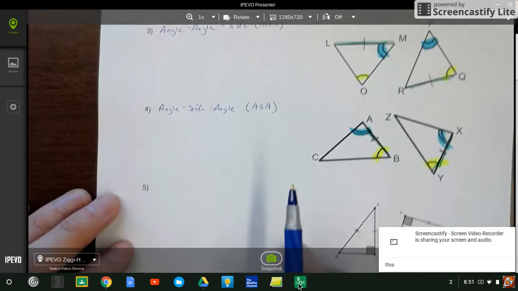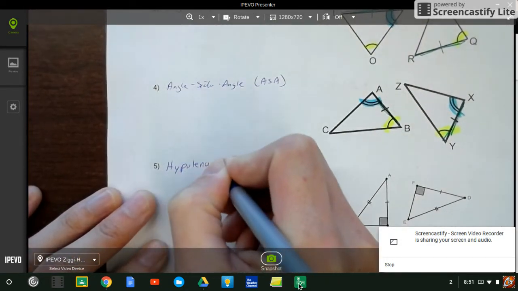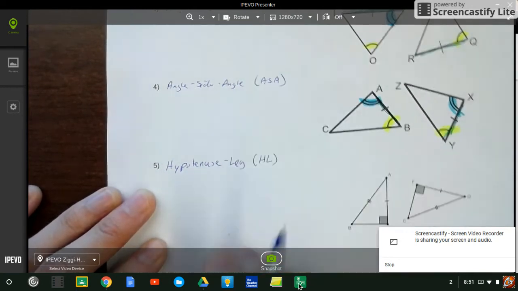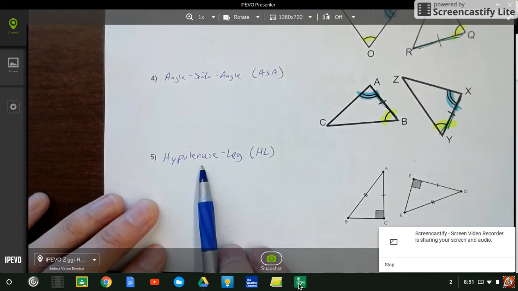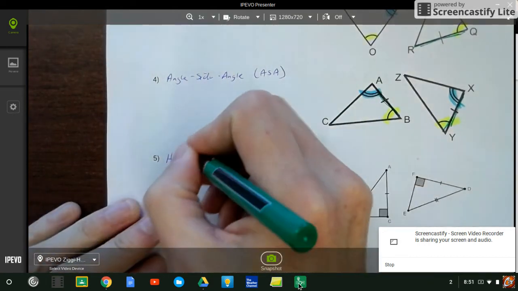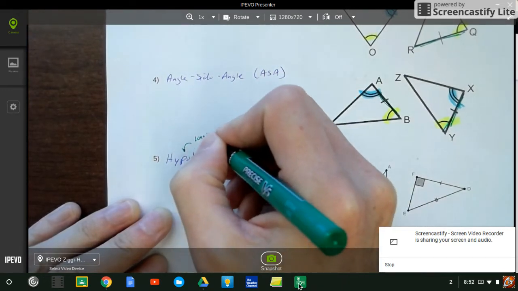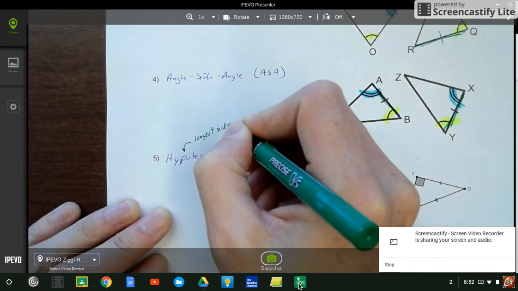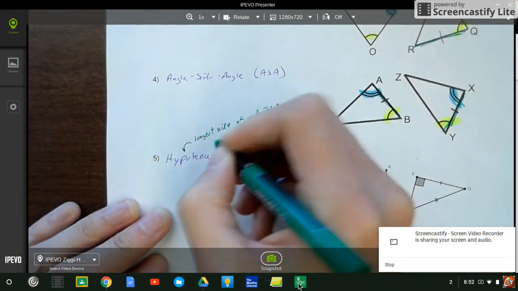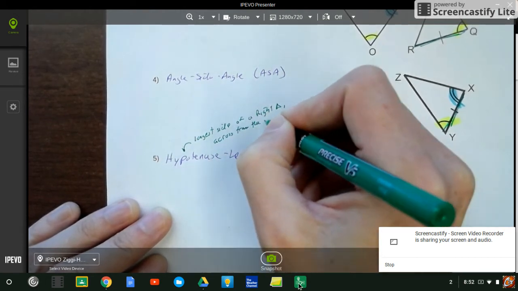The last one that we need to know only works with right triangles. It's called hypotenuse leg, abbreviated HL. Hypotenuse leg only works for right triangles because a hypotenuse, if you remember from your earlier things, is the longest side of a right triangle, and it will be across from the right angle.